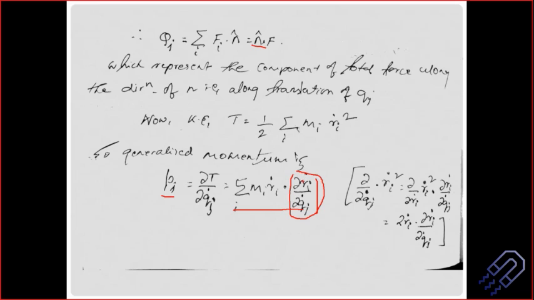Okay, so delta Ri dot means delta Ri by delta T, delta Qj dot means delta Qj by delta T. So that means it will become delta Ri by delta Qj. We will continue with this.